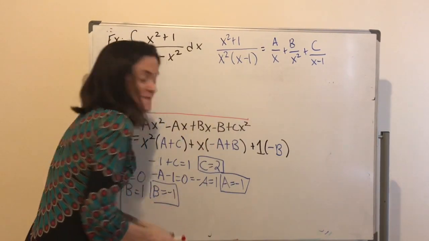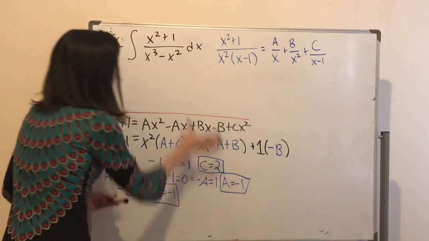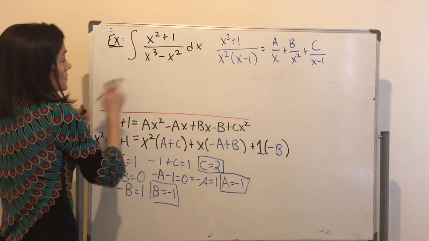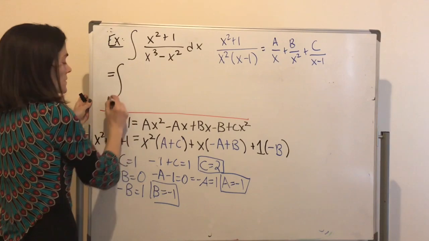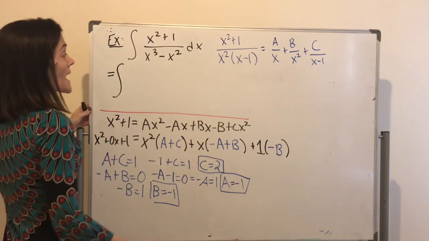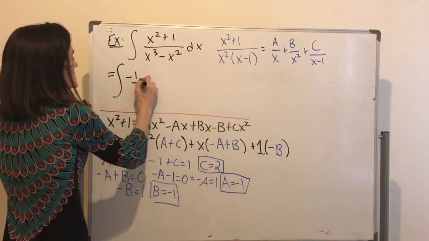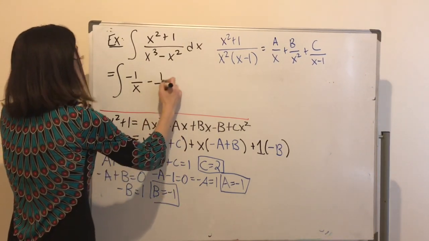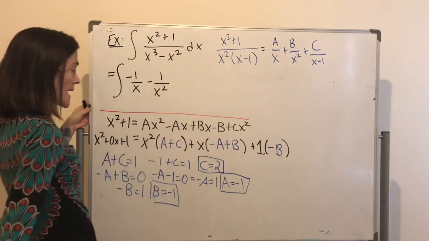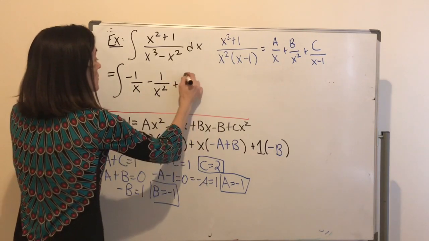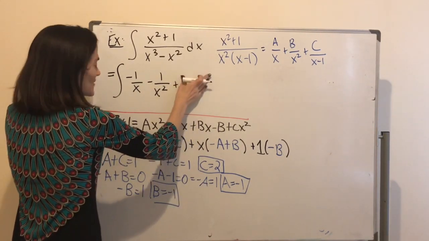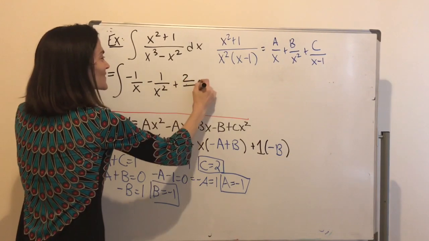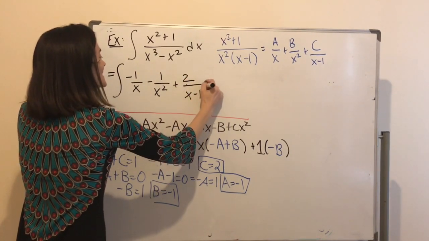And then I will have some space for my integral. So this integral equals, well, I have a, minus 1 over x. I have b, minus 1 over x squared. And then I have plus c, which is 2 over x minus 1 dx.